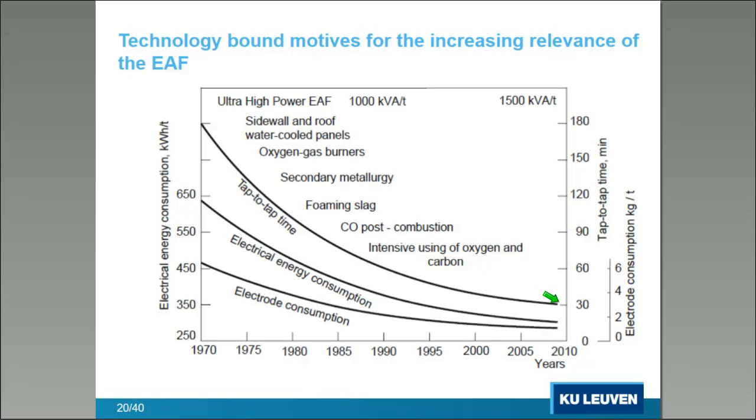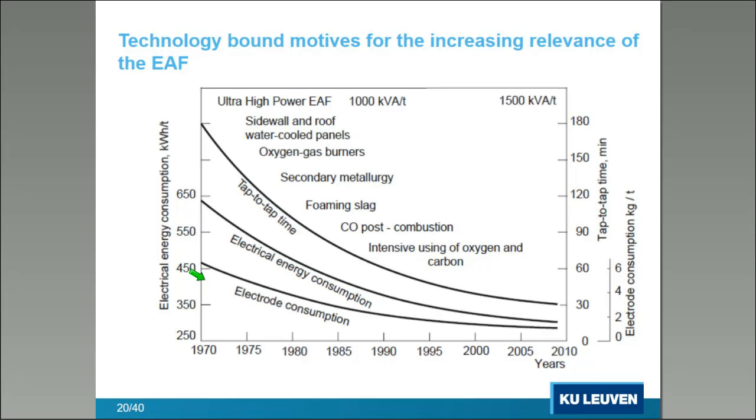Now it has come down to only 30 minutes. Same for the electrical energy consumption. From 650 kilowatt hours per ton, we are now at less than 300. And also the electrode consumption, remember these graphite electrodes, and we have to take into account that the consumption of these graphite electrodes is a production cost as huge as the electricity cost in the exploitation of the arc furnace.